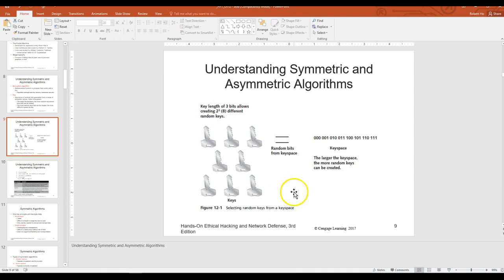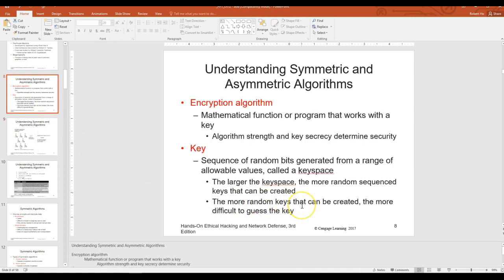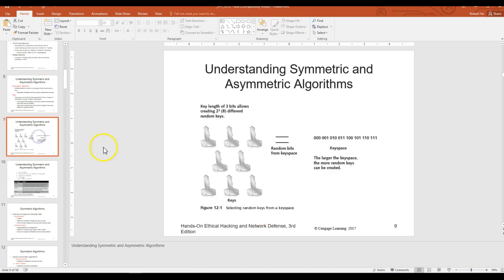For example, you see 000, 001, 010, 011. If you count them, 1, 2, 3, 4, 5, 6, 7, and 8. So we have 8 different random keys. The more random keys that we create, the more difficult to guess the key. This is called the key space, and this is called the bits.